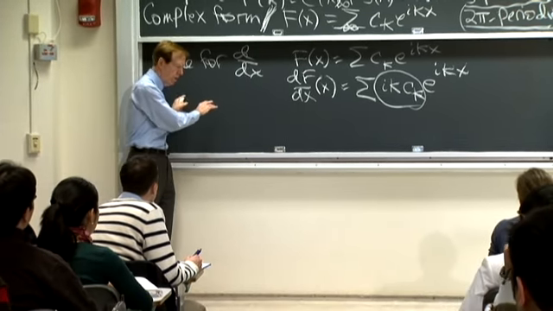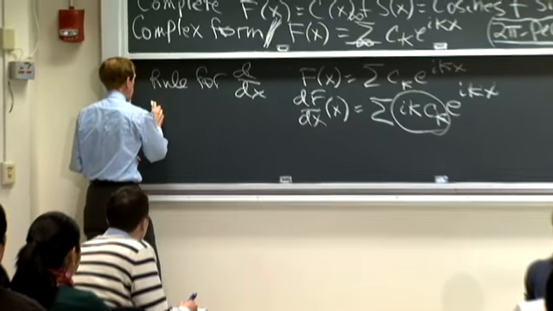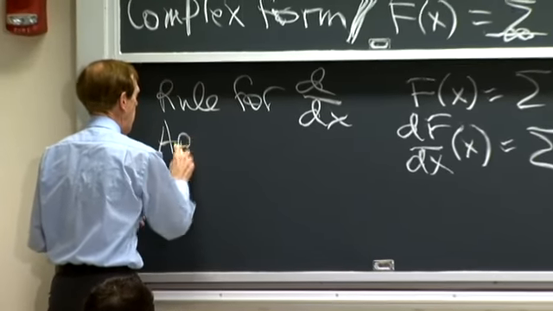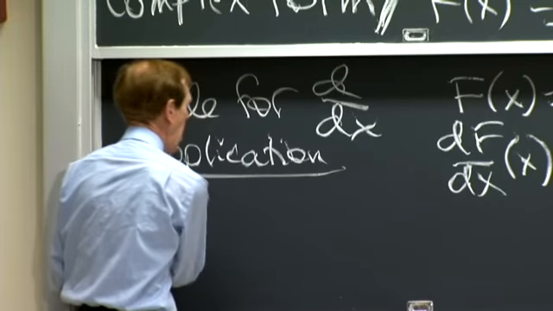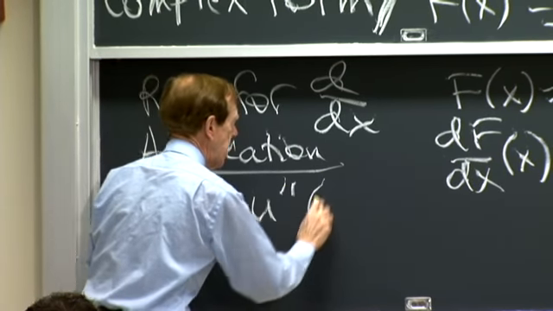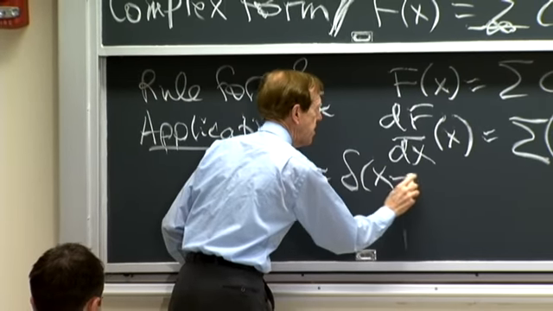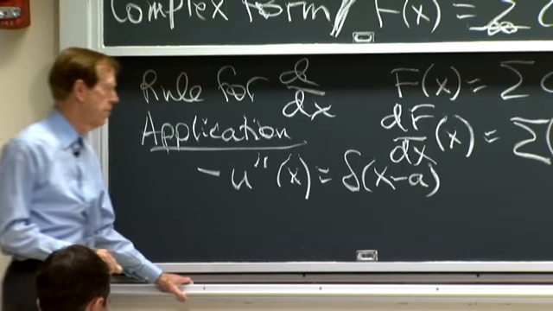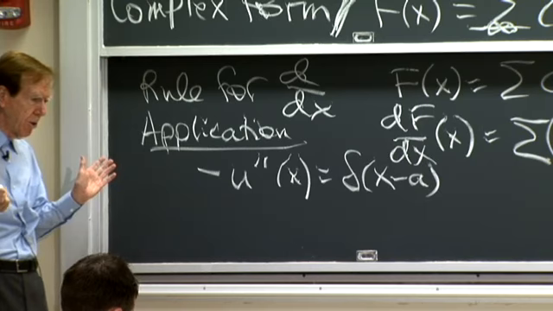So, for example, let me just do an application here without pushing it. Our application, we started this course with equations like minus u double prime of x equal delta of x minus a. Right? If we wanted to apply this to a differential equation, how would I do it?